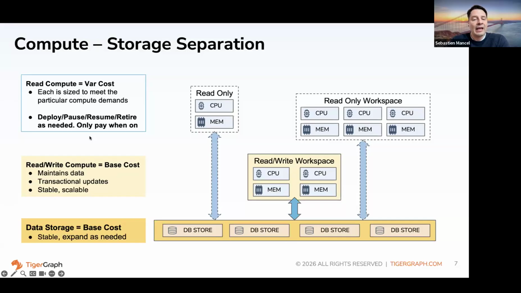So both read-write and read-only workspaces attach to the same underlying storage. That means that multiple workloads can operate on the same graph without data duplication or data movement, or even the requirement to multiply the storage volumes at cost. So the result is predictable baseline cost for storage with flexible usage-based scaling for compute workloads.